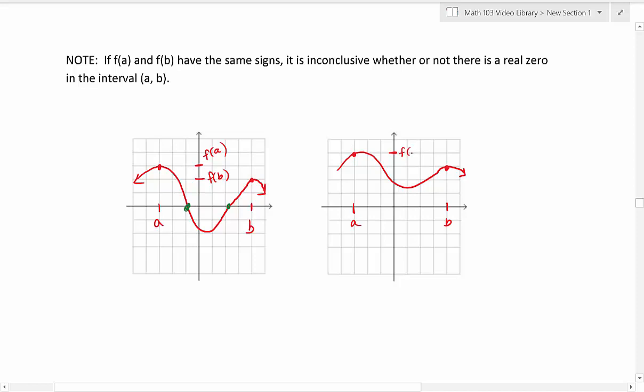Here, f(a) and f(b) are both positive, but there is not a 0 in between a and b. There isn't an x value where our graph dips down and hits the x-axis. So it's inconclusive if the two y values are the same. If they're opposite, we can say yes for sure.